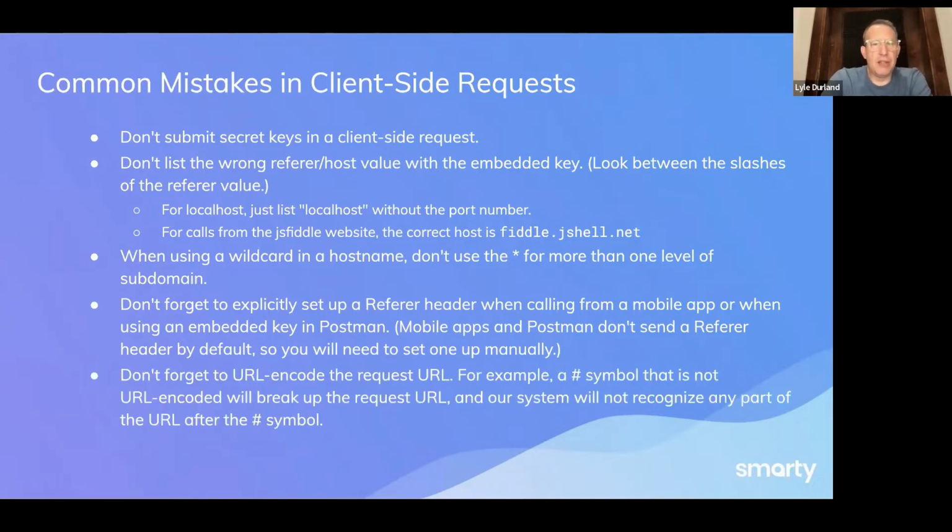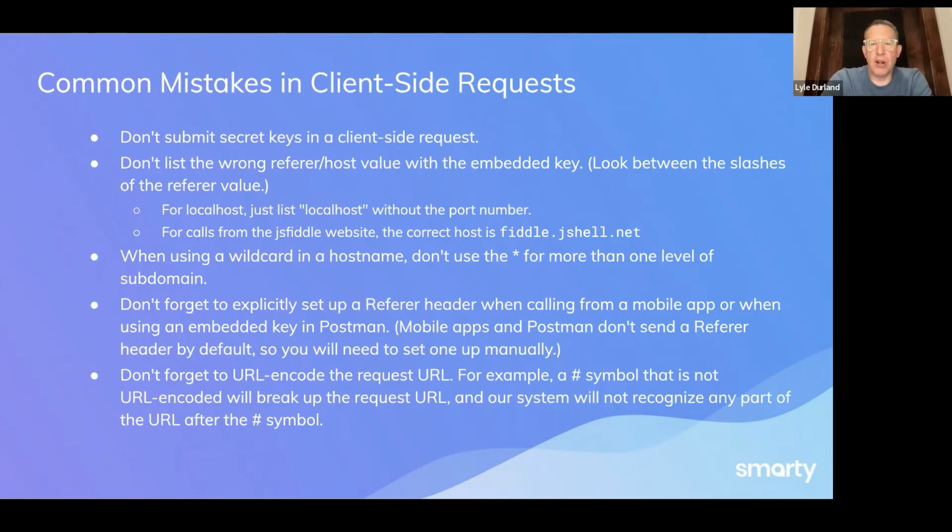And finally, in terms of common mistakes for client-side requests, don't forget to URL encode the request URL. A common problem we see is especially if people forget to URL encode and there's a pound symbol, a number symbol in the request. A pound symbol, a number symbol that is not URL encoded will break up the request URL, and our system will not recognize any part of the URL after the pound symbol.